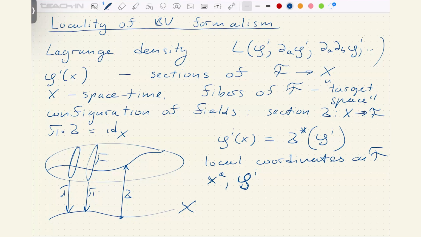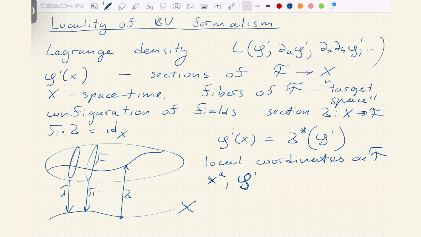Then, given a section, we can write it down in coordinates by acting with a pullback map on coordinates on the fibers.